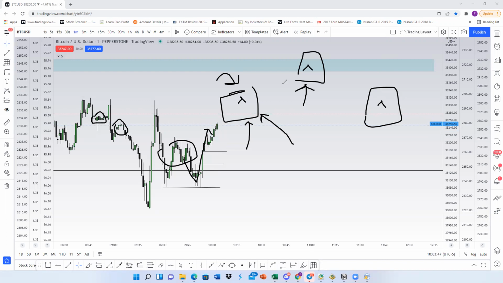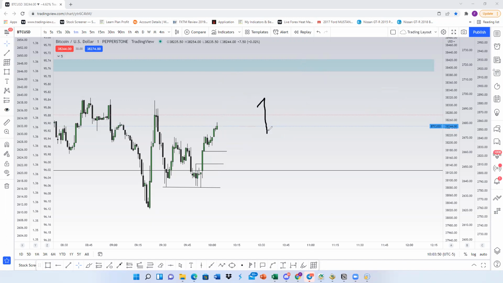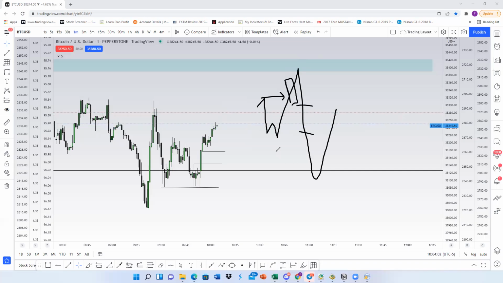So the first is a manipulation, the second swing is a quick displacement, and the third swing is the fair value gap, stop punted, order block here, fair value gap over here, 50% of the range, 75% of the range, all that.